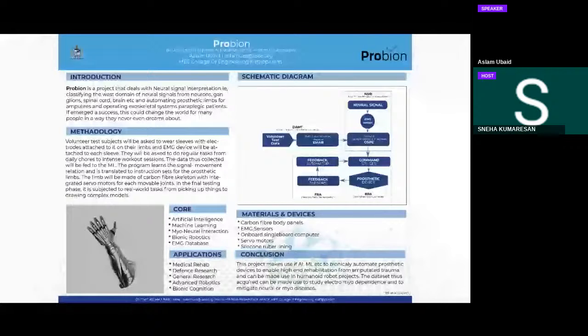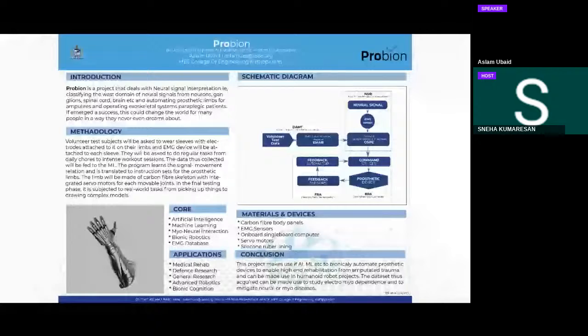The device is merely a simple device, but everything which comes behind it is what makes it special. We were planning to take EMG data, that means the electromyogram data, which are the electric impulses that go through the muscles which enable us to move our joints, our muscles, and that is what enables us to do whatever we do on a daily basis.